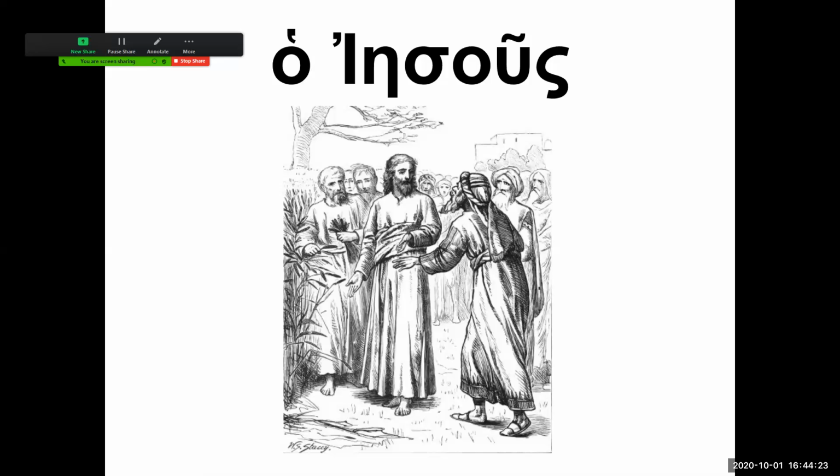The Greek form of Yeshua from the Old Testament, Savior, Yeshua. If you look in the Greek translation of the Old Testament, for example, the Septuagint, which is a Greek translation that the apostles had in their hands when they went on their missionary journeys.